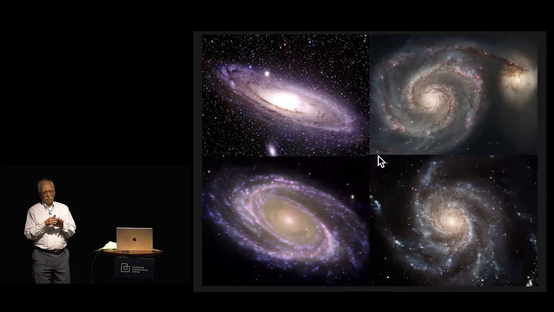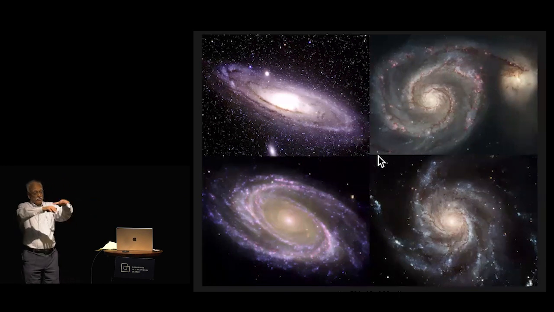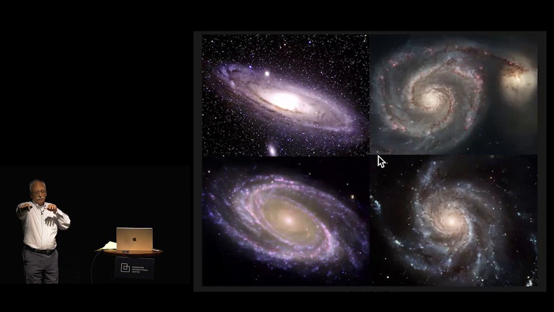Galaxy is a complicated place. It's not just stars. There is gas, and there's also something called dust. And this dust absorbs light. It doesn't allow light to go through. So in our own galaxy, if you look in different directions, you can see nearby objects, but dust stops you from looking further out.